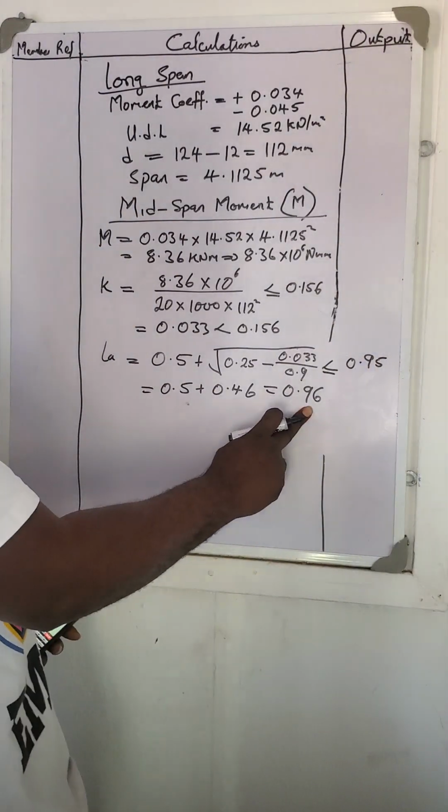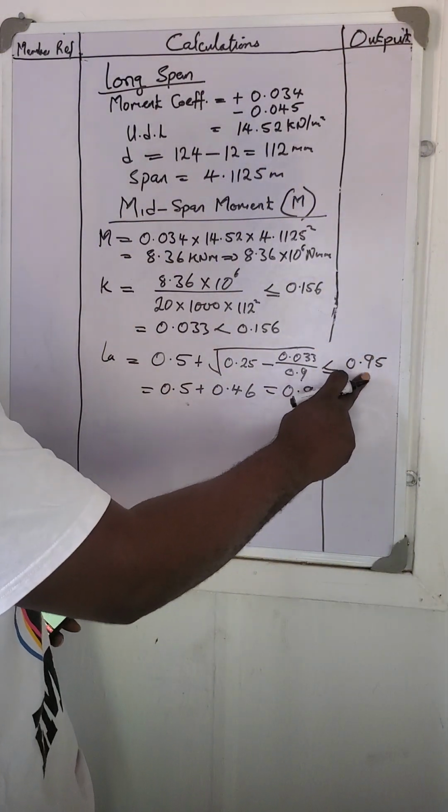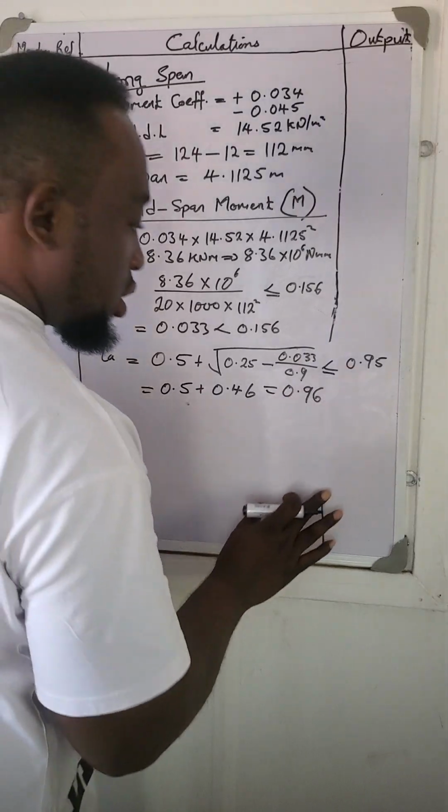So 0.96 is higher than 0.95, and you adopt 0.95.